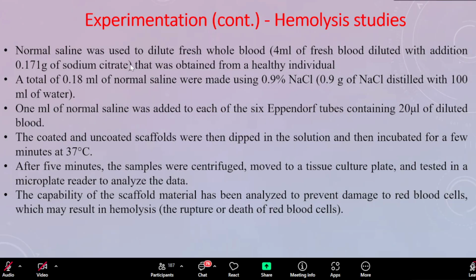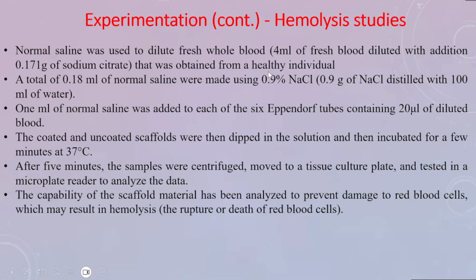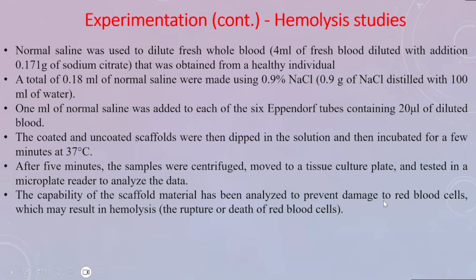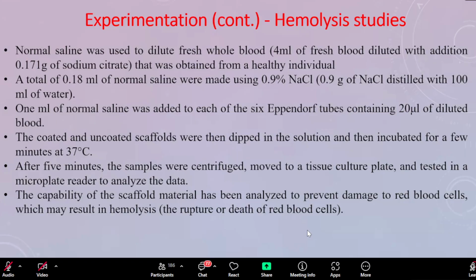Normal saline water is mixed with fresh blood from a healthy individual, so it represents how the body fluid would be. It was coated with calcium carbonate, and the capability of the scaffolds was analyzed to prevent damage to the red blood cells, which results in the rupture of the red blood cells.